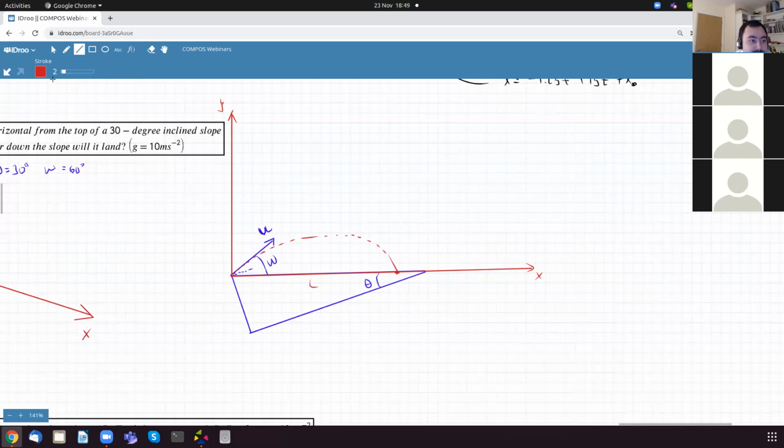And now you need to understand that gravity in this example is directed like this. So the acceleration, or well, g in this case. And now resolve along the slope and perpendicular to the slope.